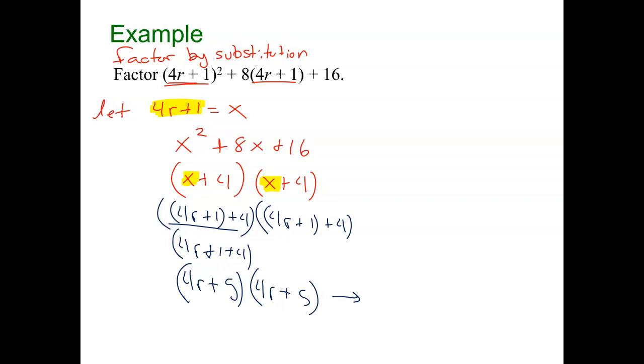I'm not going to add them. They're being multiplied. Square it. Same thing multiplied by itself is squared. So it's 4r plus 5 squared. So that's our substitution method.